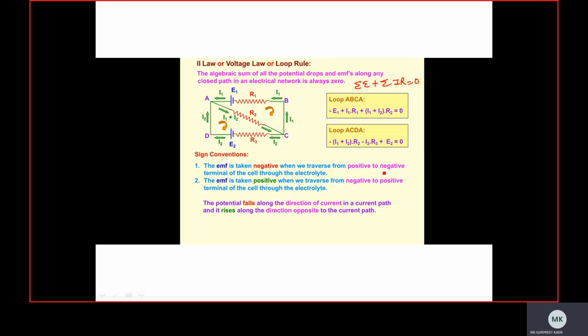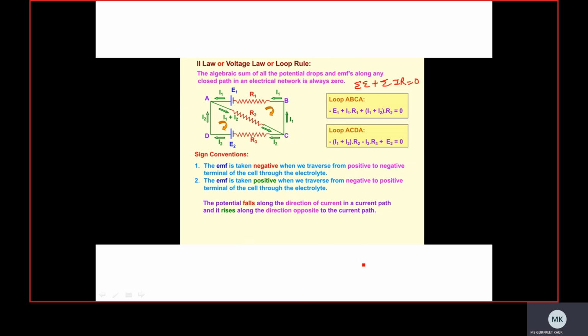Another important sign convention to be taken: the potential falls along the direction of current. When you are moving clockwise or anti-clockwise in a closed path, if you are moving in the direction of current through any resistance, then the fall of potential will be taken as negative, and vice versa.